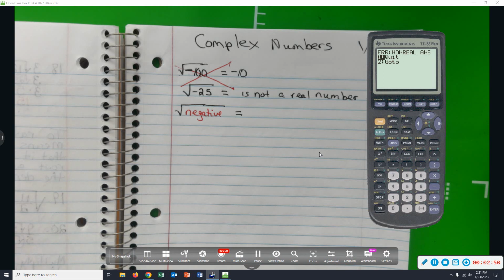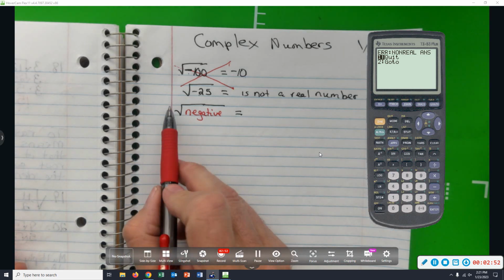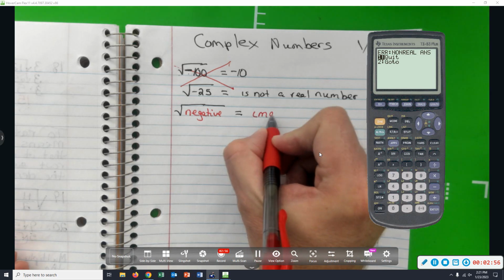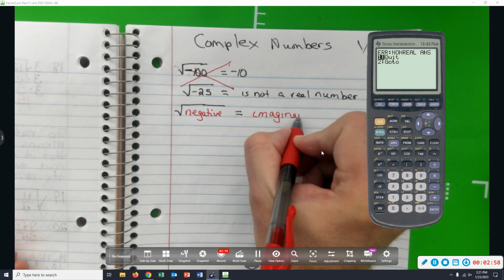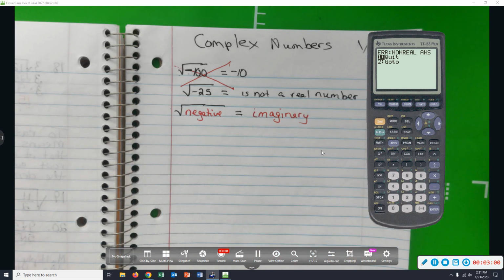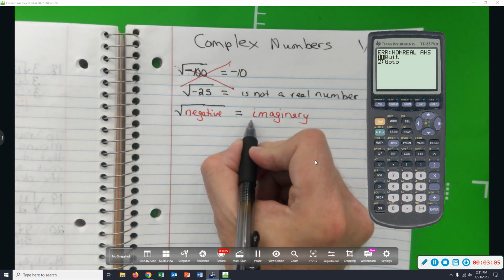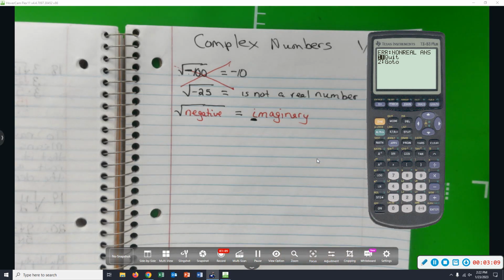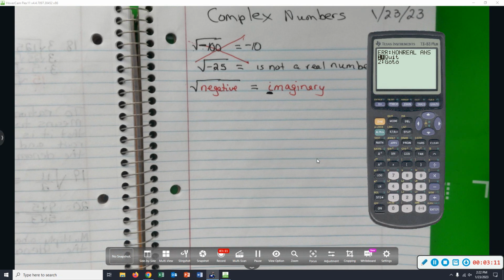It's been around about 500 years or so. The square root of a negative number is an imaginary number. An imaginary number is the square root of a negative number, and the way that we will denote imaginary numbers is by attaching the letter i to your answer.